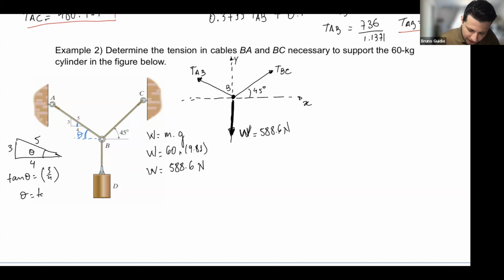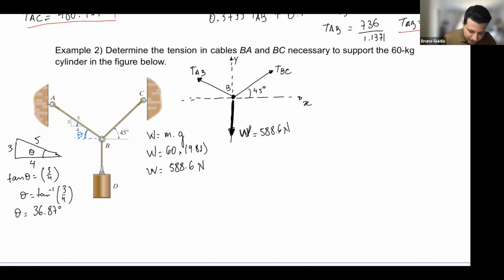The angle is going to be inverse tangent of 3 over 4, which is 36.87. 36.87 is my angle.